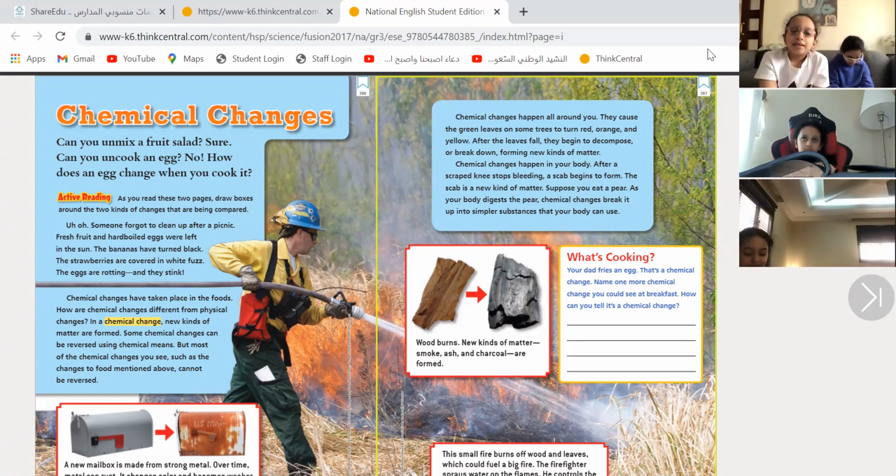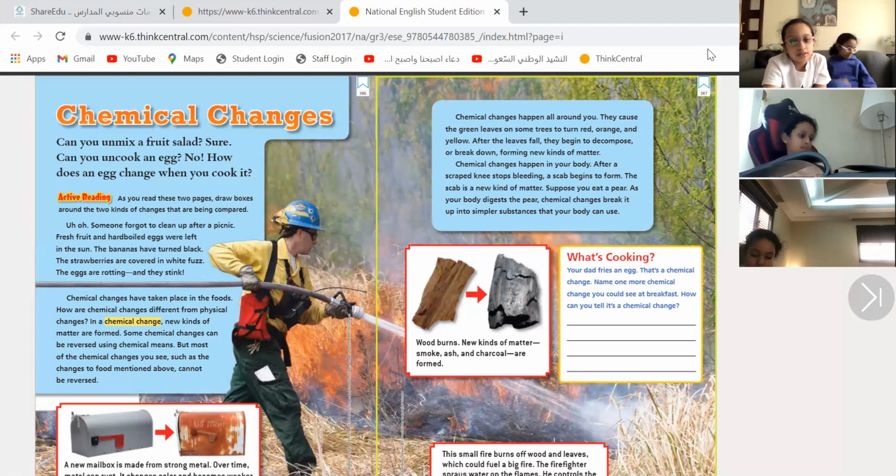How does your body digest your food? Your body digests your food by chemical changes. It breaks them down into simpler substances that your body can use. How can your body change all the food that you eat into simple substances?